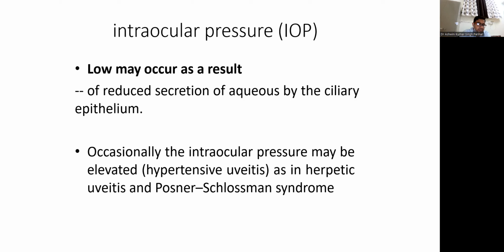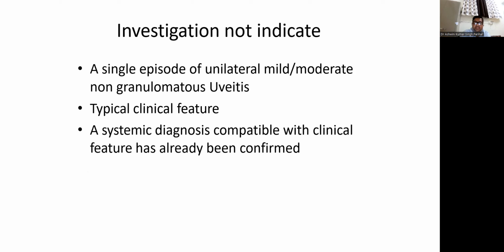So now moving to the next thing. We are discussing the investigation, but we should know when to investigate and when not to investigate. Is it mandatory that we should do all the investigations in all the patients every time? No. We should know when to treat the patient, and better than that, we should first know when not to treat the patient.